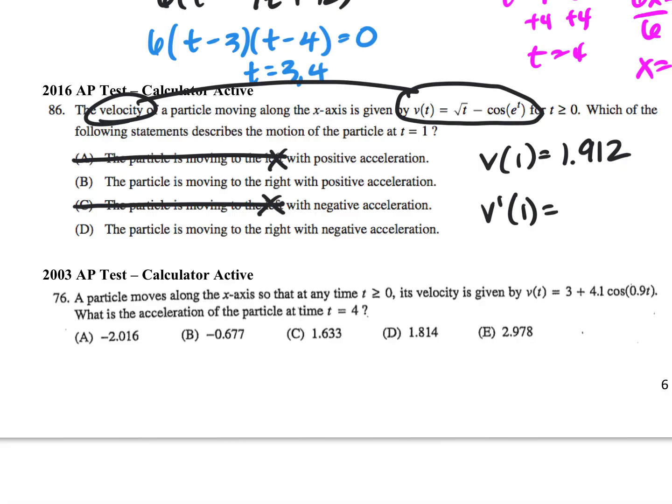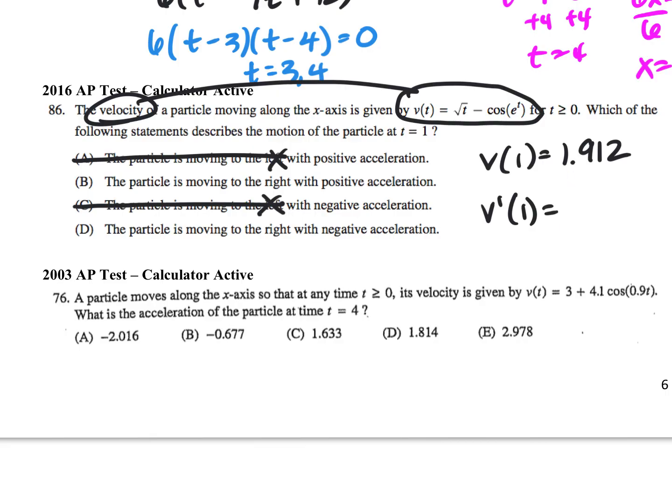Option 8. My bad. On that home screen, we just want to say math, calculate that derivative for me. I'm going to say root x minus cosine of e to the x. Why am I putting x's in? Because here is when I'm going to say I want that when x is 1. Enter.